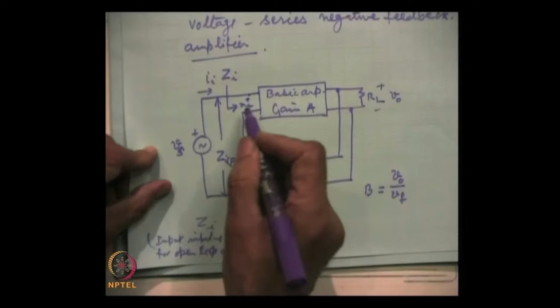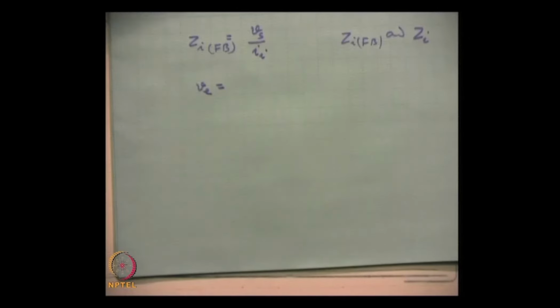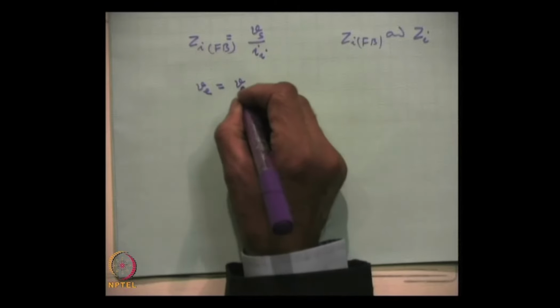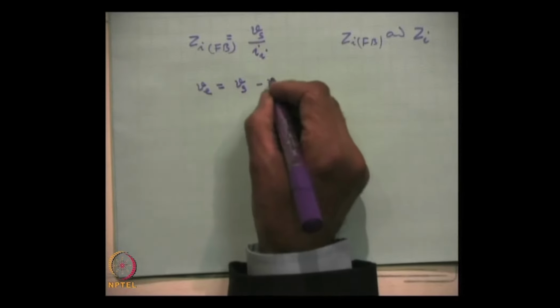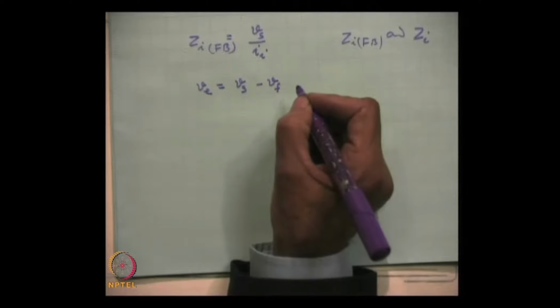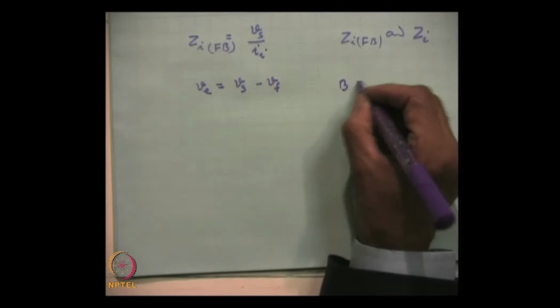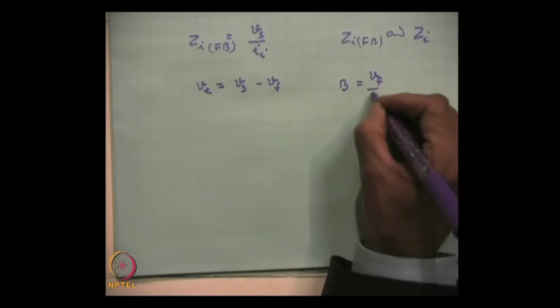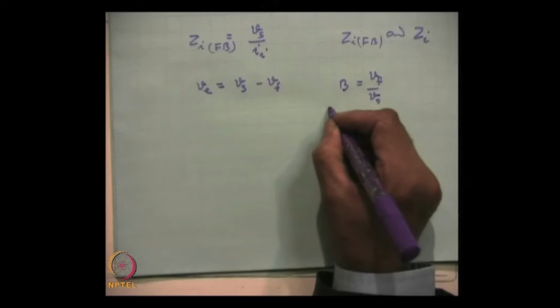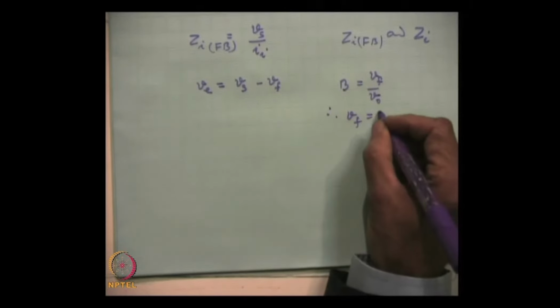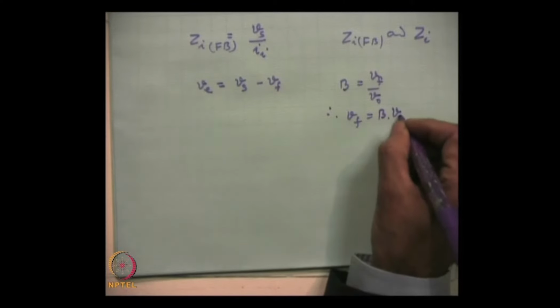This is superimposed over the input signal Vs. So, the error signal is Vs minus Vf, and from what I have written, B is Vf by V0. Therefore, Vf is equal to B into V0.